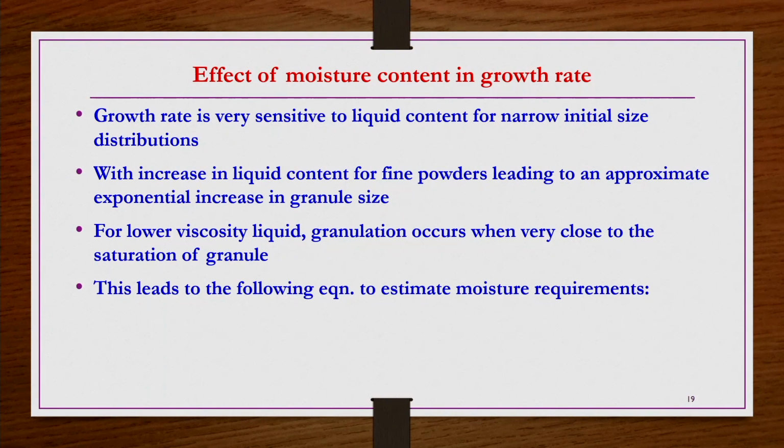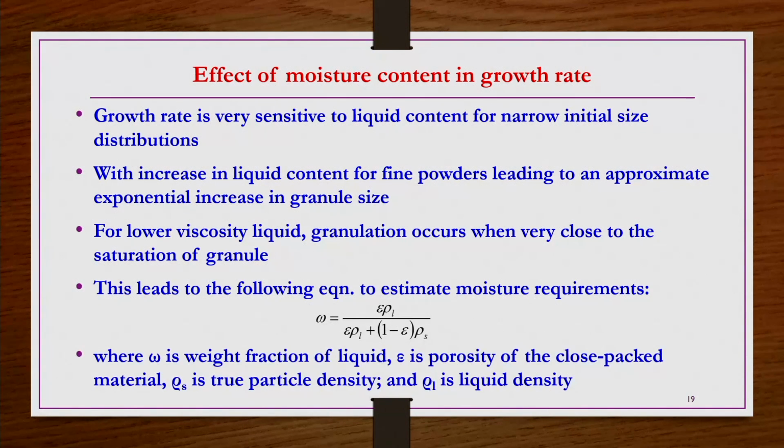This leads to the following equation to estimate the moisture requirement. Omega equals epsilon rho L divided by epsilon rho L plus (1 minus epsilon) rho S, where omega is the weight fraction of the liquid, rho L is the liquid density, rho S is the true particle density, whereas epsilon is the porosity of the close packed material.